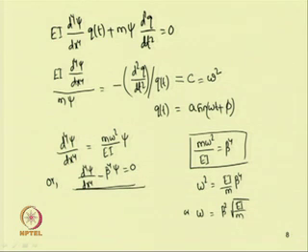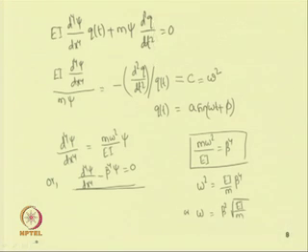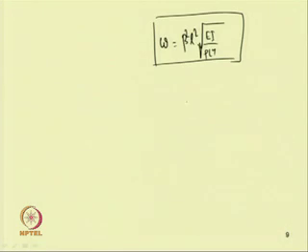For example, let us take the simply supported case. For the simply supported case, the boundary conditions are the displacement and slope are 0 at x equal to 0 and x equal to L.